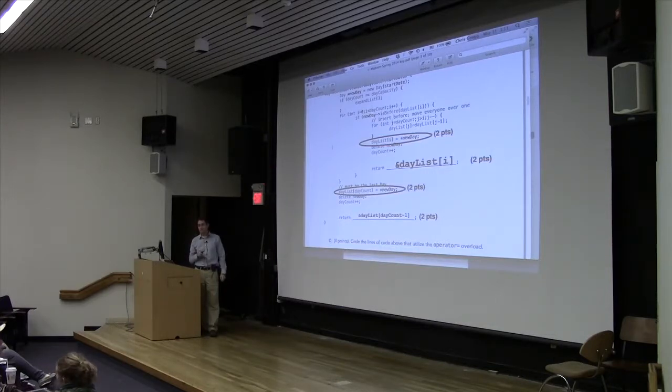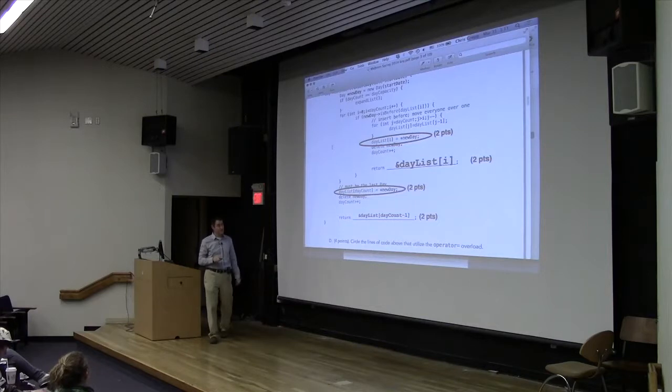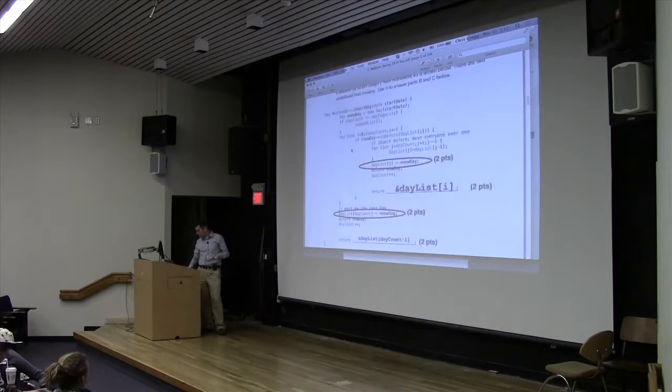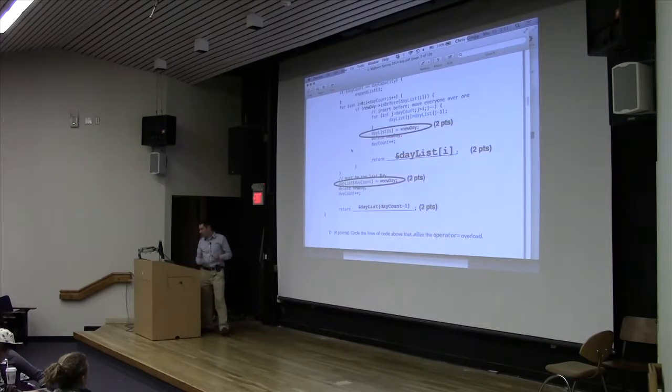Yes, very good question. What does the ampersand do? Well, if this is a day list, that's an item in a day list, an object, right? The ampersand says, what's the address of that object? If you were to declare a variable with an ampersand, it means something else.